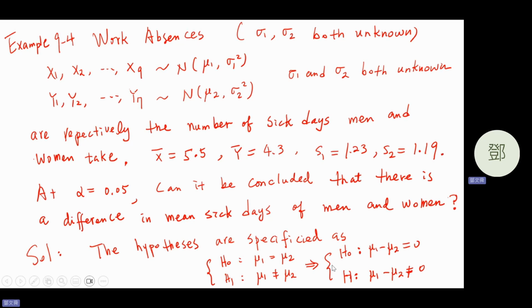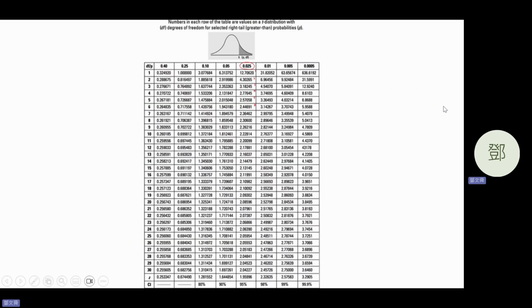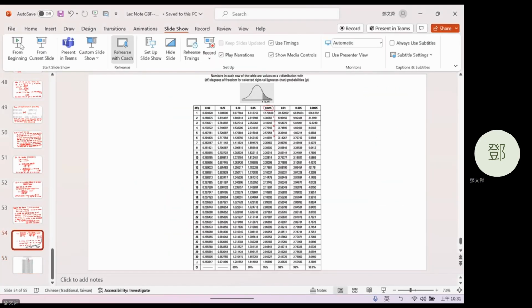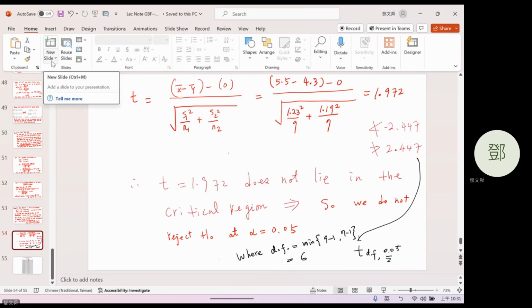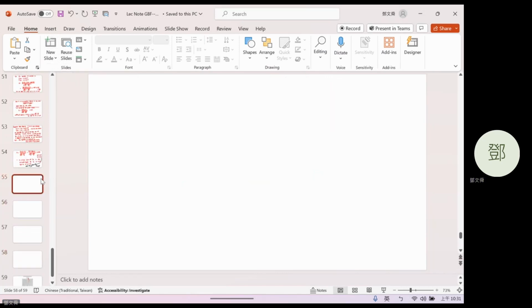That's for example 9-4. Now let us use another approach, the p-value approach, an alternative method.